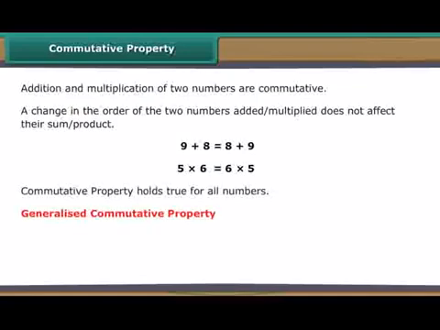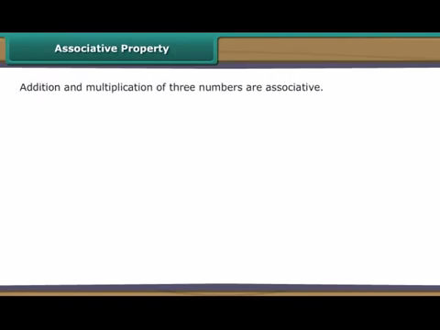We can therefore generalize it with variables as a plus b is equal to b plus a. A into B is equal to B into A. Associative property. Addition and multiplication of three numbers are associative.